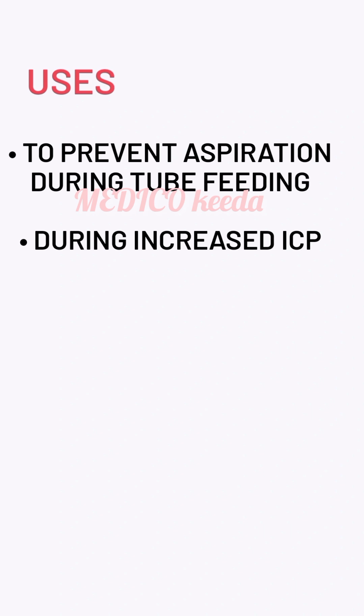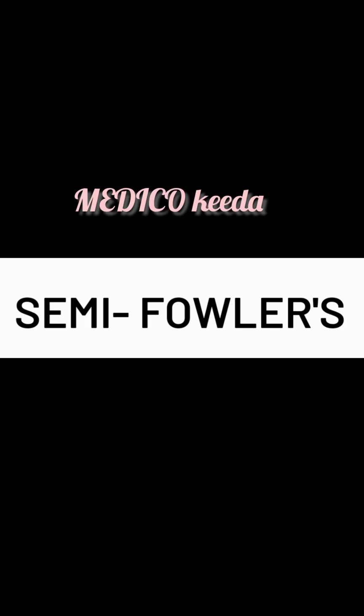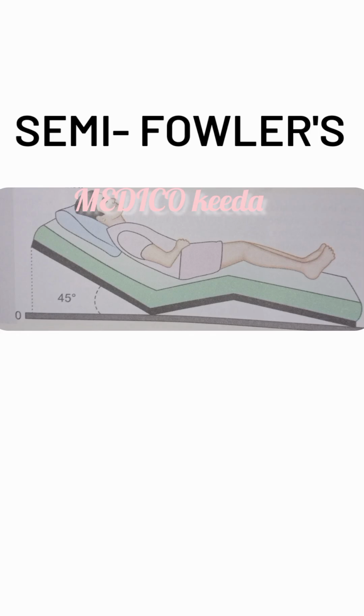Now I am talking about the next position, that is the semi-Fowler's position. In this position, the head of the bed is elevated at an angle of 45 degrees, and the flexion is at the level of the waist.